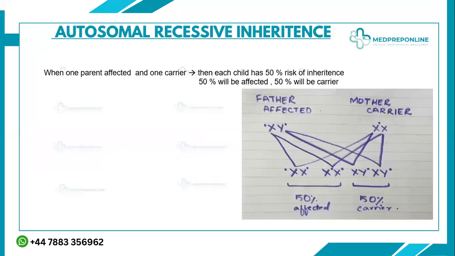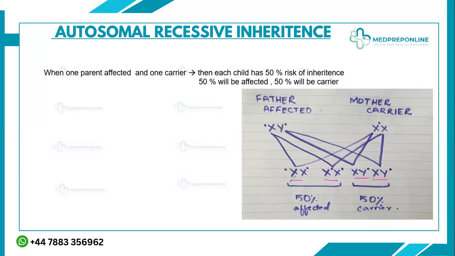Okay, next condition is when the father is affected and mother is a carrier, or you can do vice versa, that mother is affected or father is a carrier. It will remain the same. Father is affected, that means they have two genetic mutations. Mother is a carrier, has one genetic mutation. When we do the crosses, I'm not going to explain again because I have explained in 2 slides. What will we get? Two genetic mutations, one genetic mutation, one genetic mutation.